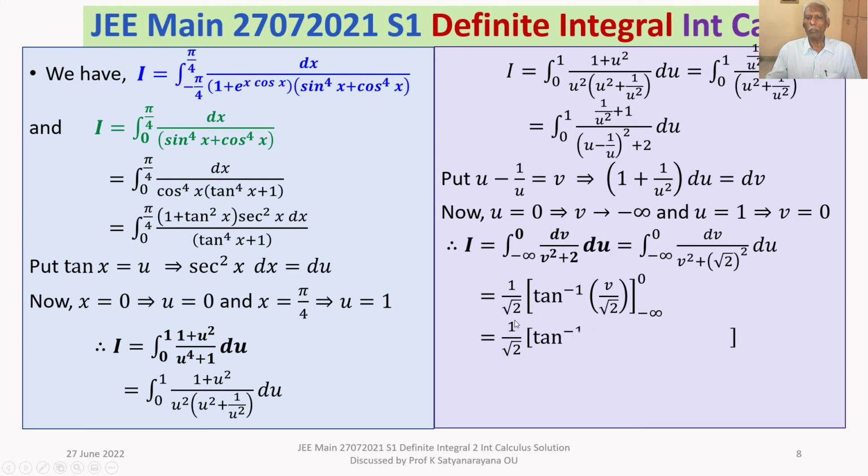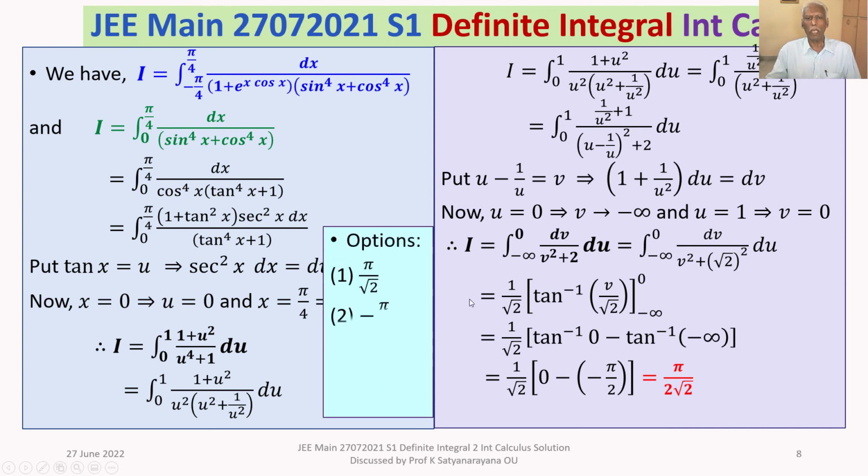That is 1 by root 2 tan inverse for the upper limit 0 minus tan inverse for the lower limit, v minus infinity. And tan inverse 0 is 0 minus tan inverse minus infinity, which is minus pi by 2. So that will be 1 by root 2 into 0 minus, and tan inverse of minus infinity is minus pi by 2. And minus into minus plus, pi by 2 root 2 is our answer.